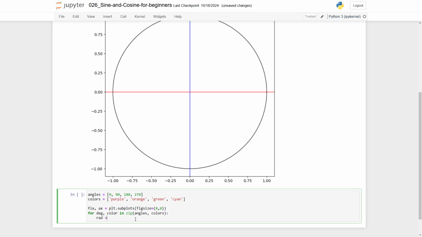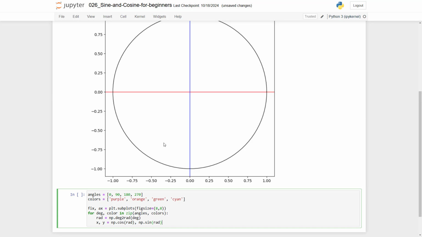We're going to convert the degrees to radians. So degree to radians, this is how it works. And then the x and the y would be the cosine of the radian and the sine of the radian. Already seeing that cosine and sine are going to be really, really useful.